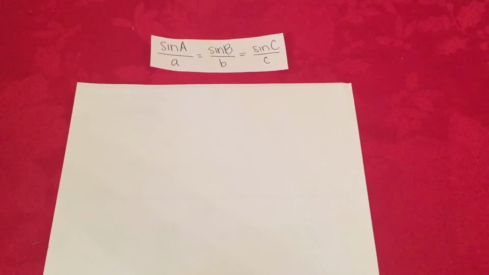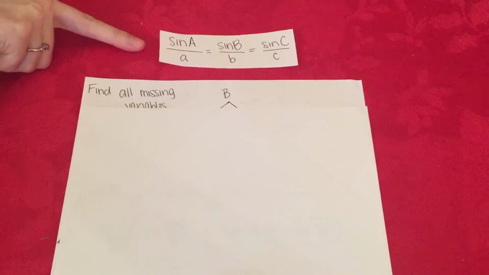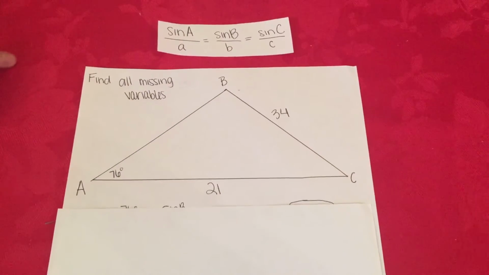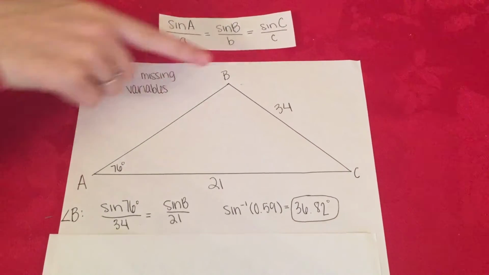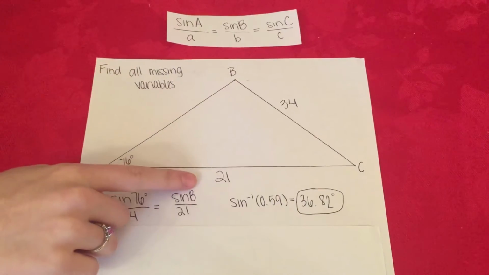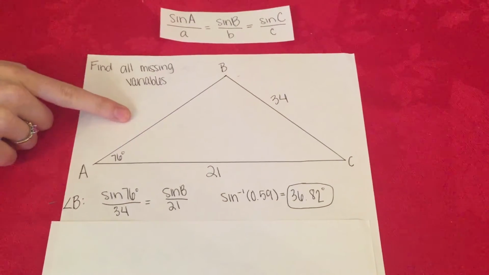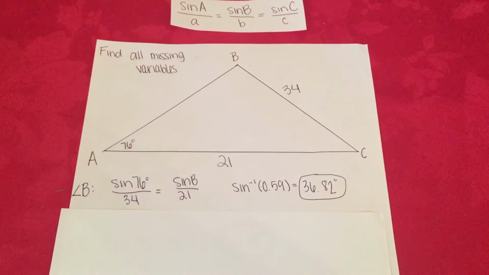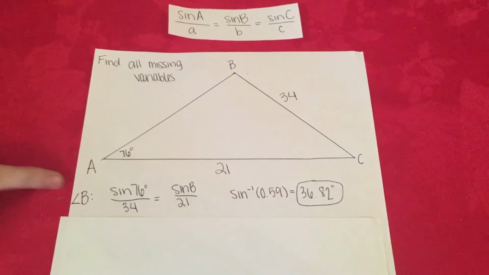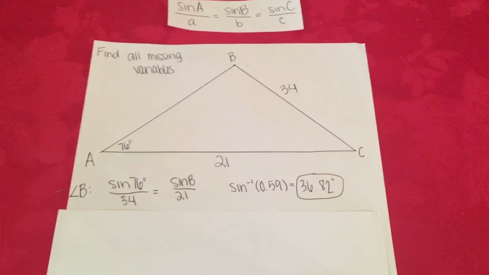For this example, we will be using the law of sines. Since we have angle A, side A, and side B, we need angle B, side C, and angle C. So we're going to plug in our numbers to find out what each of these is equal to.